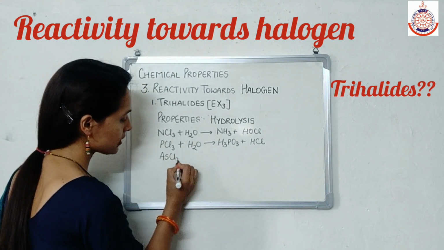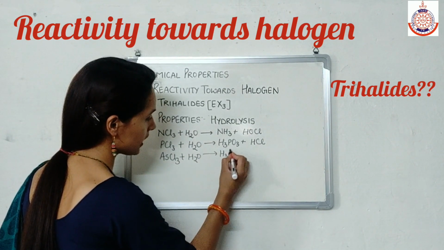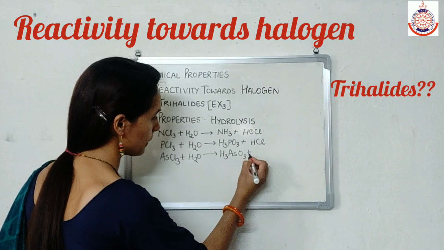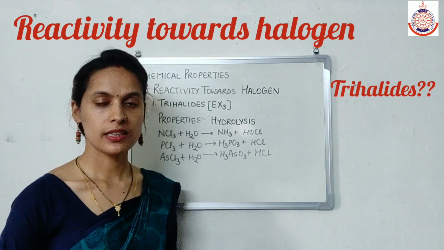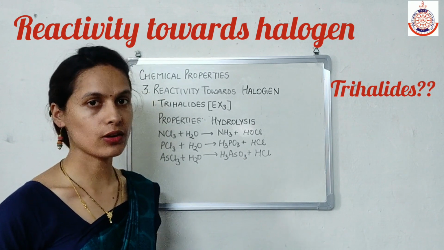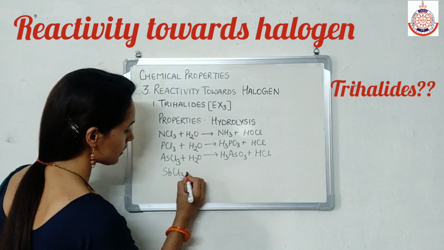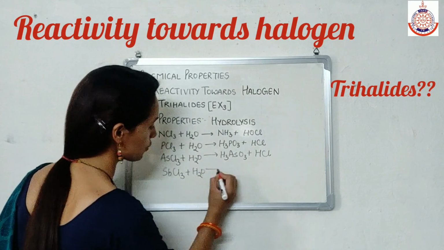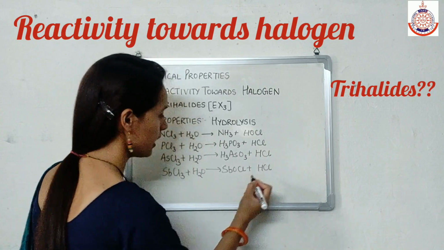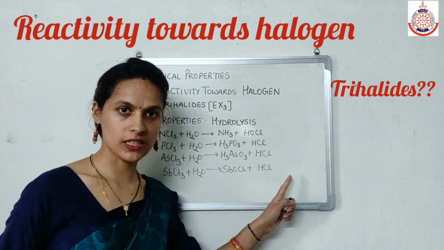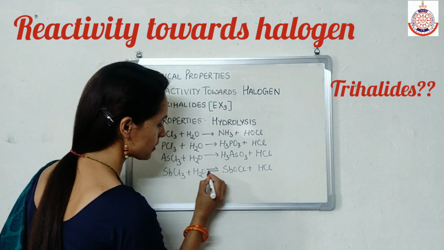Similarly, AsCl3 undergoes hydrolysis to form H3AsO3 plus HCl, the same as phosphorus. Next, SbCl3 reacts with H2O to form SbOCl plus HCl, that is antimony oxychloride, and here the reaction is reversible.